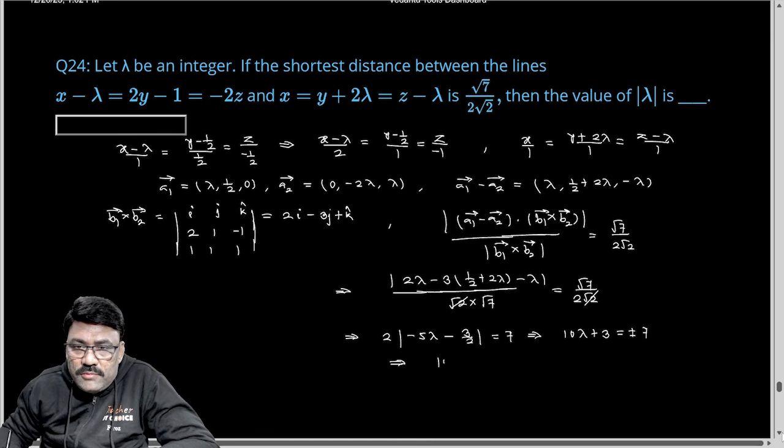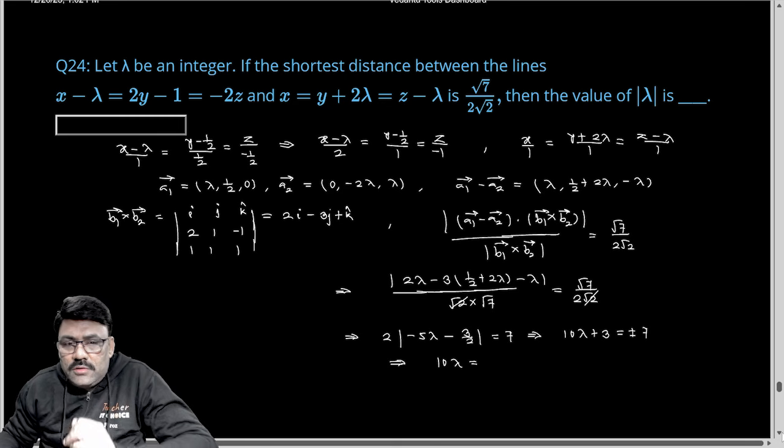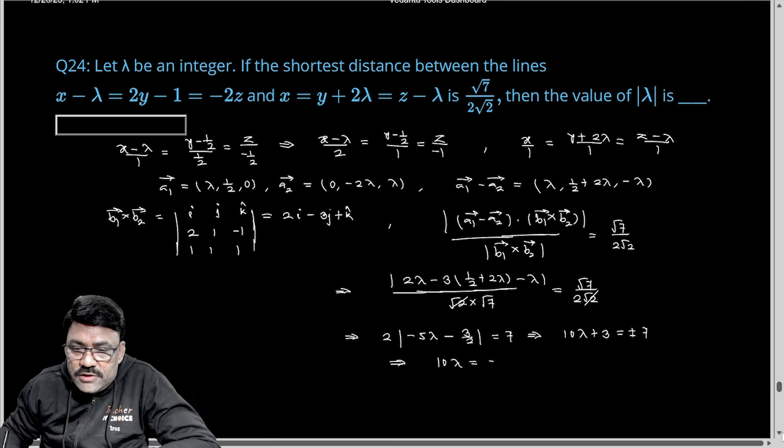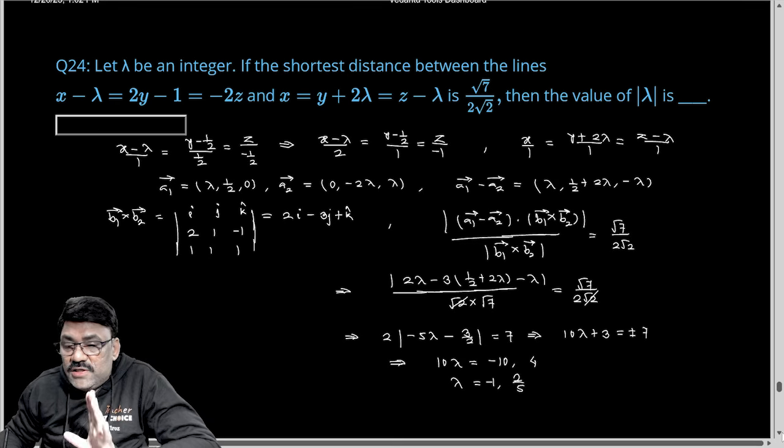So you will get 10 lambda. Lambda is an integer, so in fact 10 lambda will be minus 10 or 4. So lambda will be minus 1 or 2 by 5. But they are saying lambda is an integer.